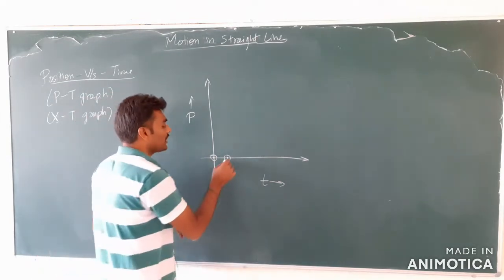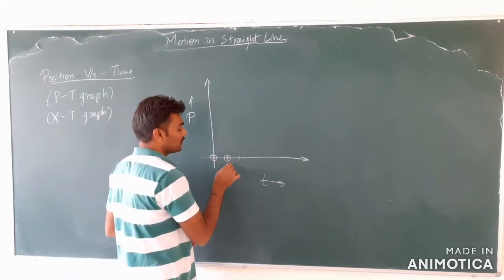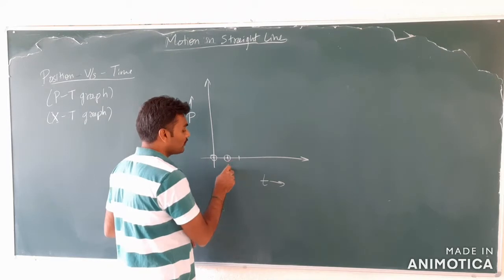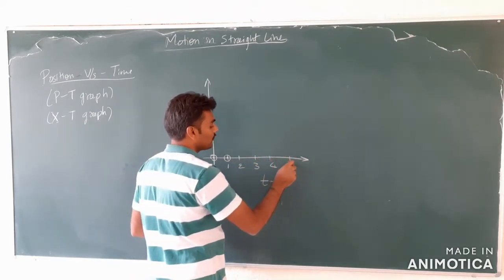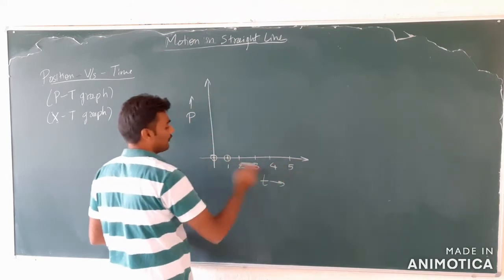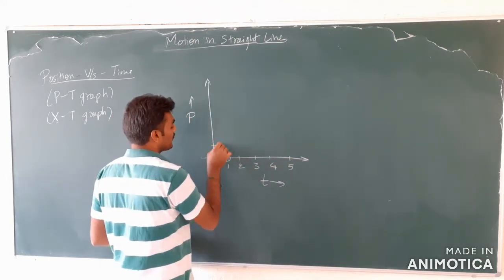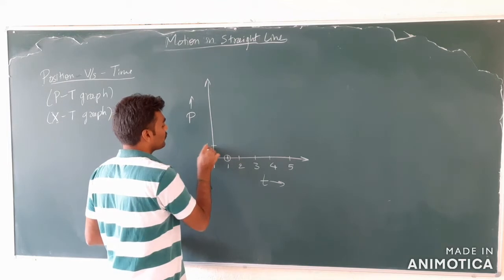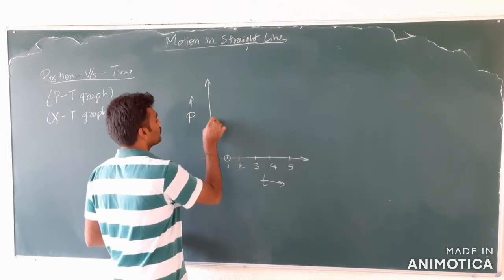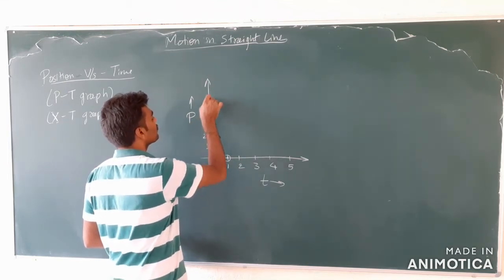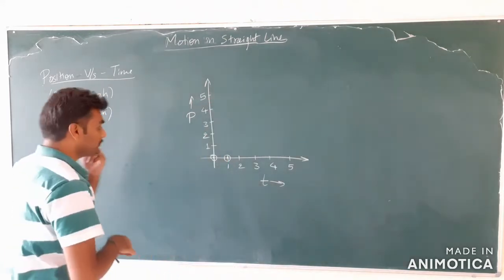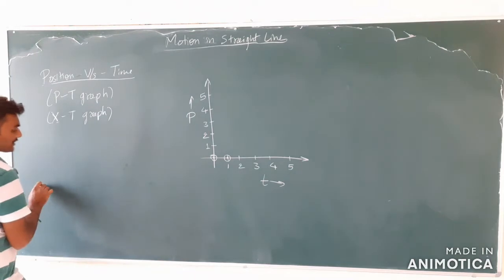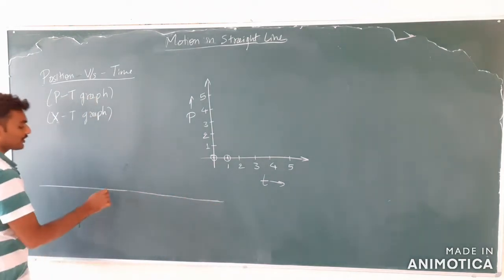Let me put the scale: 1, 2, 3, 4, 5 units of time, normally seconds, and here position, it is 1 meter, 2 meter, 3, 4, 5. Now, see, we are still in motion in one dimension discussion.